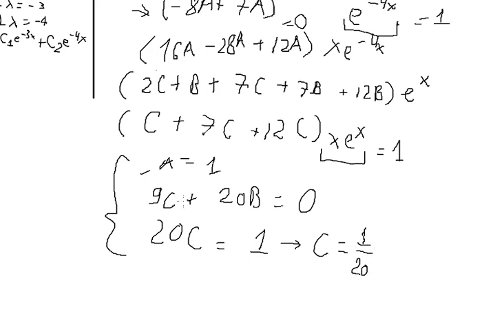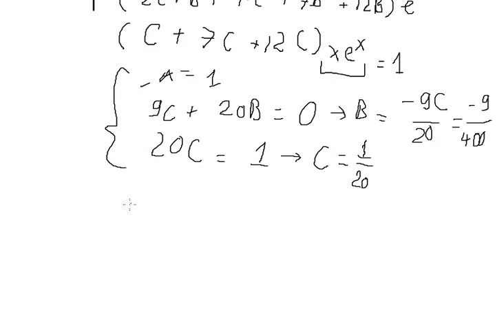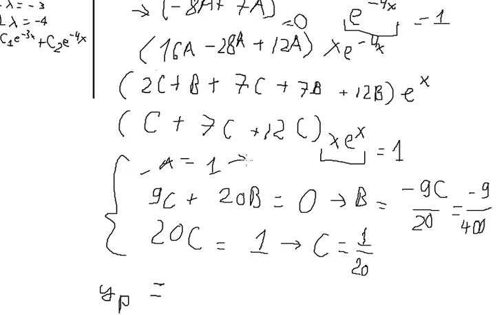And now we put c in here to find the value of b. So we have negative 9c divided by 20. And this one we have negative 9 over 400. After we calculate a, b, c, we can put this one in here. So we have yp equals, a in here is negative 1.